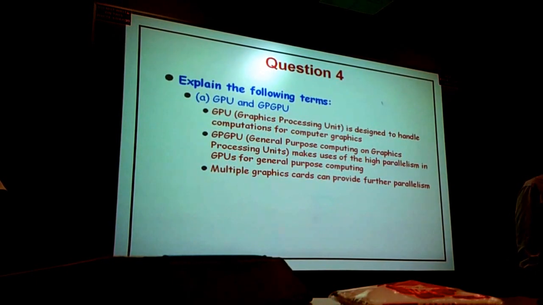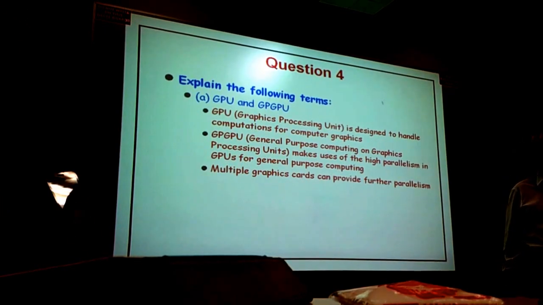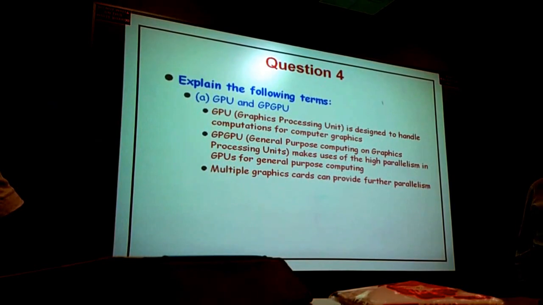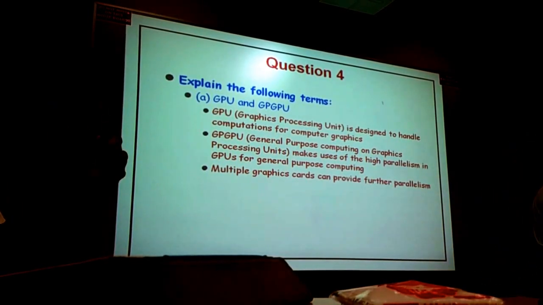And the idea here is that we can make use of the high parallelism in GPUs and use that high parallelism for general purpose computing. And we can go even further. We could actually have multiple graphics cards, so that you have parallelism within a single GPU, and you can also have multiple GPUs as well.